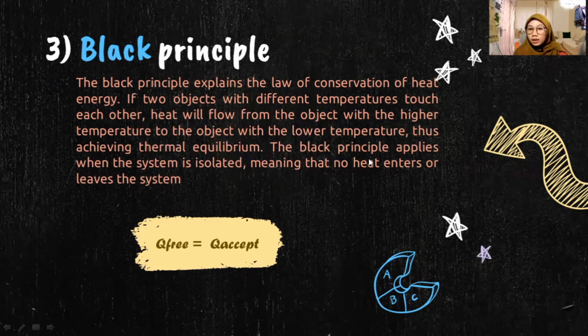The Black principle applies when the system is isolated, meaning that no heat enters or leaves the system. The equation for the conservation of heat energy according to Black principle is heat release, Q release, equals heat accept, Q accept.